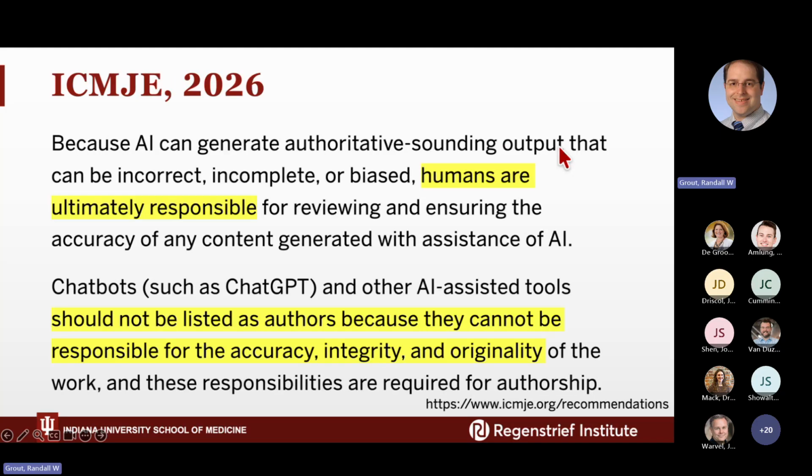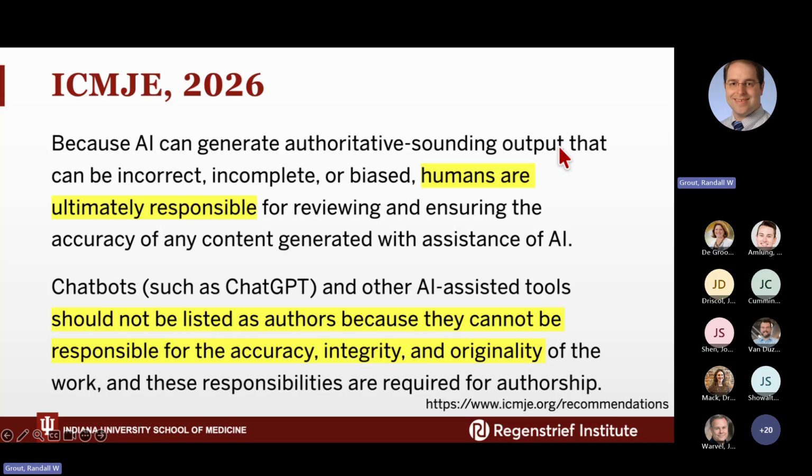One very common editorial body, I'm going to make sure I get it right, I think it's the International Committee of Medical Journal Editors, updated their broad guidelines in 2026 and said because AI can generate authoritative sounding output that can be incorrect, incomplete, or biased, humans are ultimately responsible for reviewing and ensuring the accuracy of any content generated with the assistance of AI.